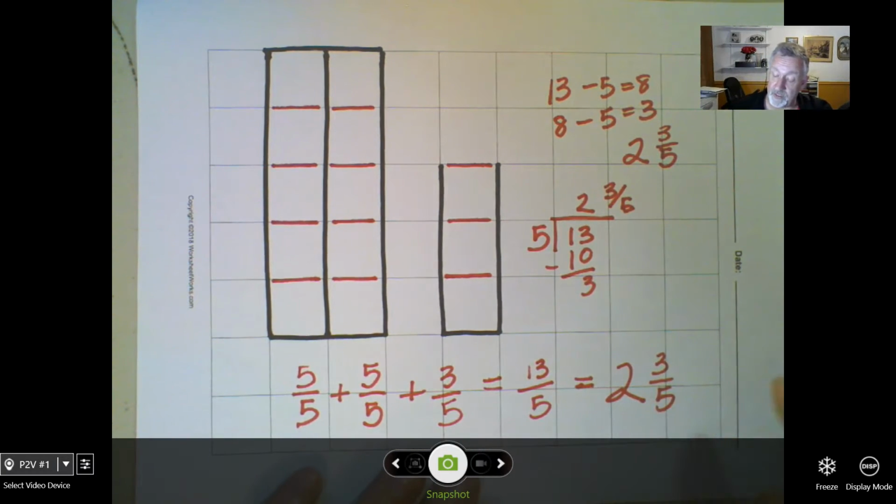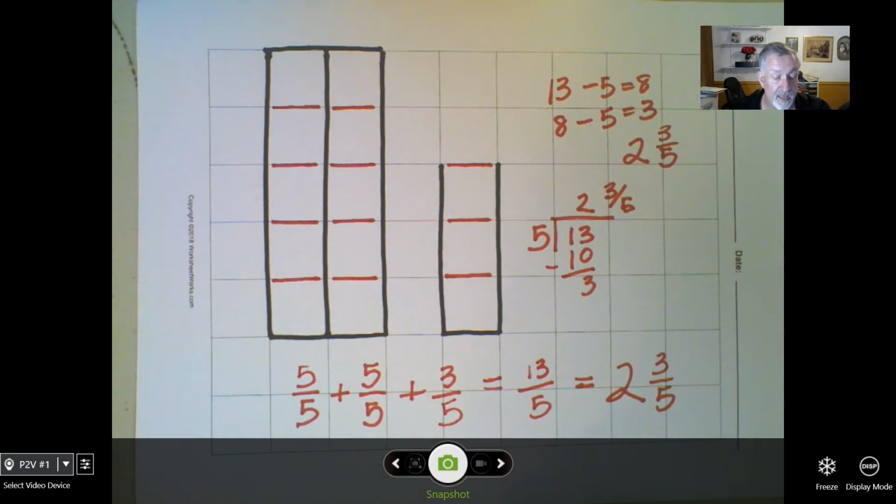The quickest way to do that is just take 2, the number of whole units, times the number in the whole, so 2 times 5, which is 10, and add the ones that I have left over. 2 times 5 is 10, plus 3 is 13, 13/5.